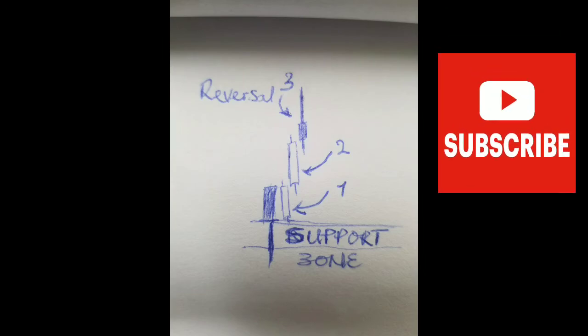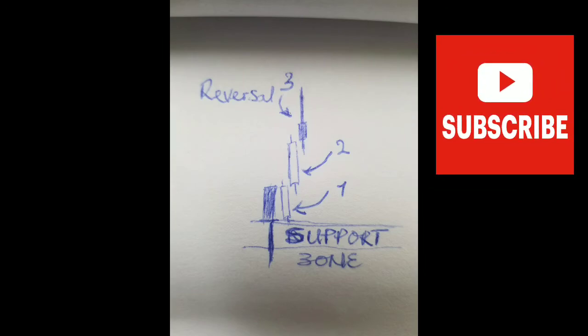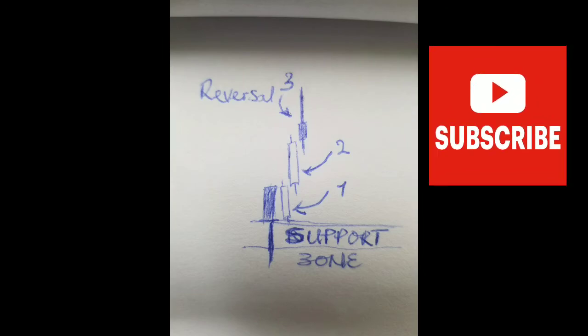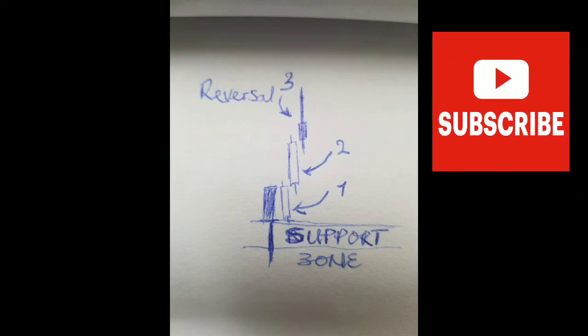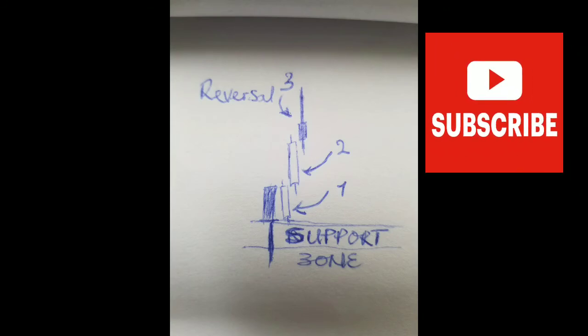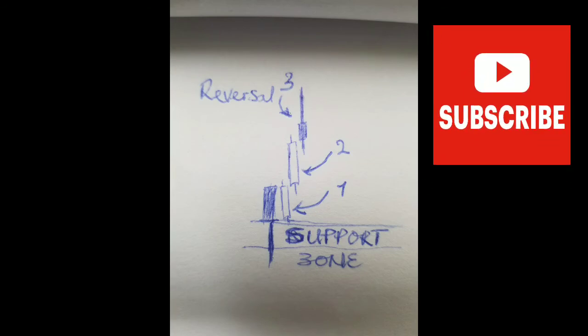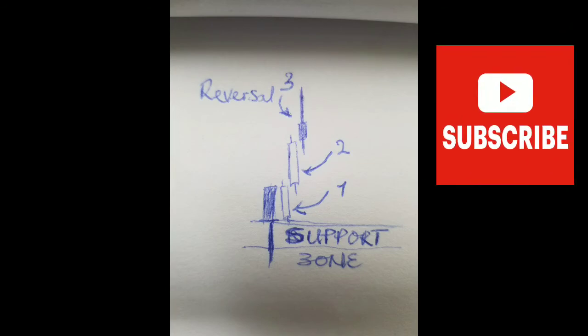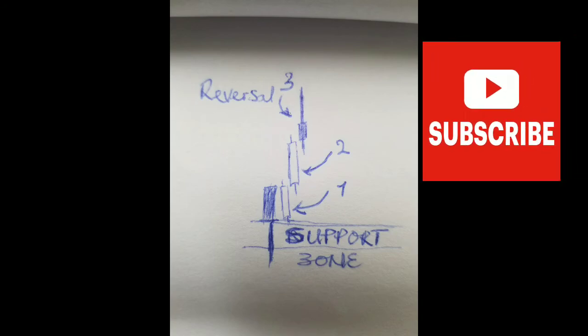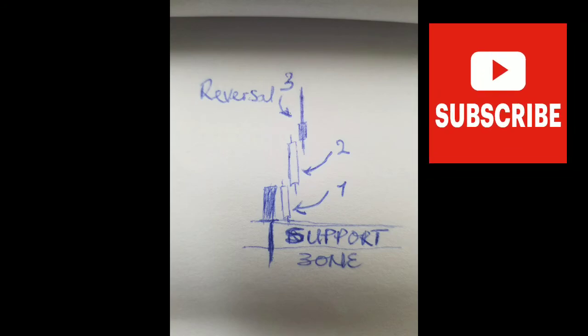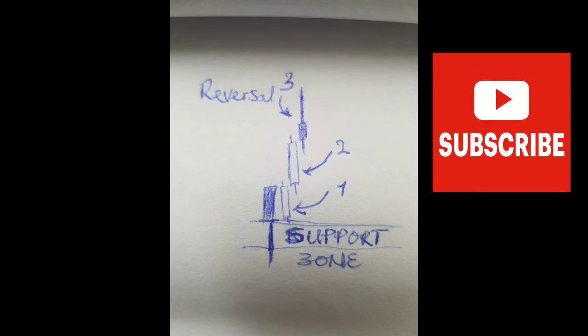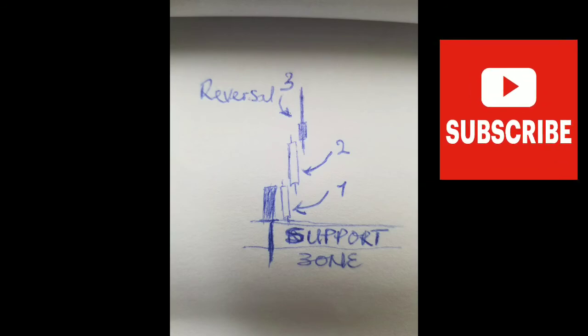So you should start thinking of selling. This doesn't necessarily mean you should start selling the next day once you saw a rejection on the third candle of the previous day. Let's say on the fourth day you just place sell automatically. You can do that, but at times I always wait for confirmation.